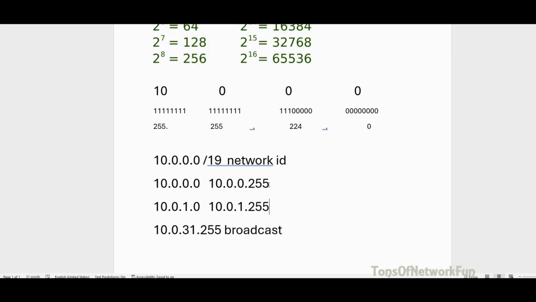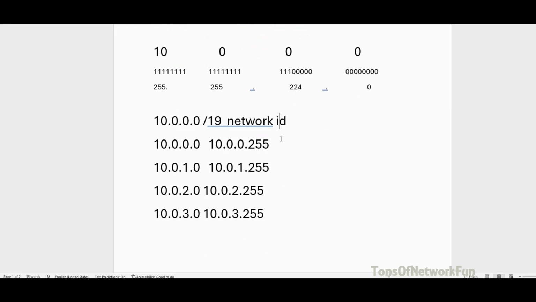We cannot go beyond 255, so this one will become 2: 10.0.2.0 to 10.0.2.255. Now this will start at 3.0: 10.0.3.0 to 10.0.3.255. Each of these will give us 256 addresses.